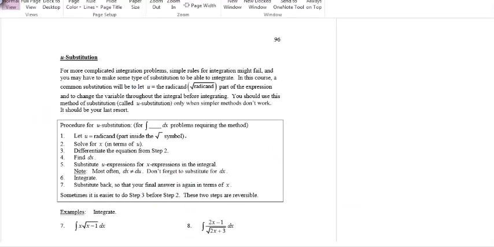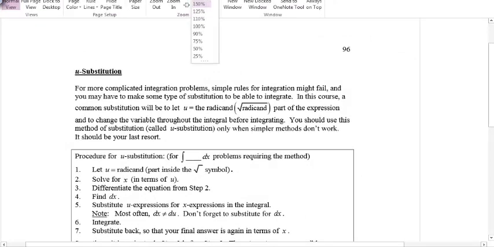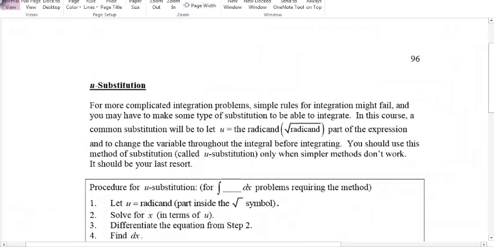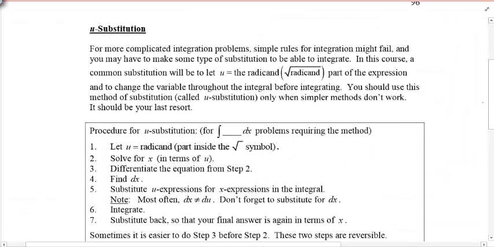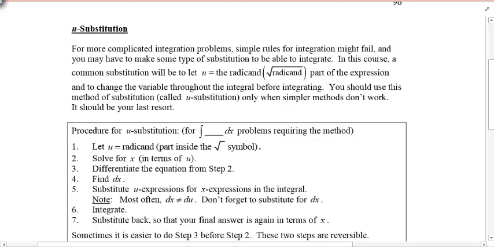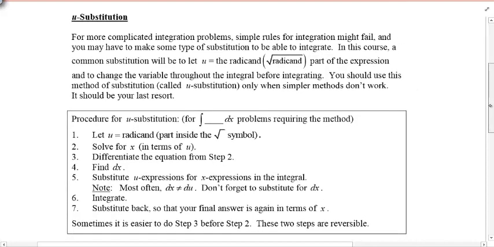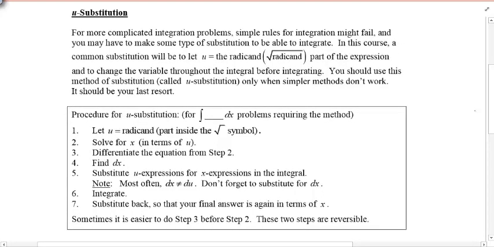So that reverse chain rule doesn't work for everything. There is another method we can use, usually for more complicated integration problems, but I can show you later on that this method also works for the previous questions we just did. Once again, in this case, it's called u substitution.